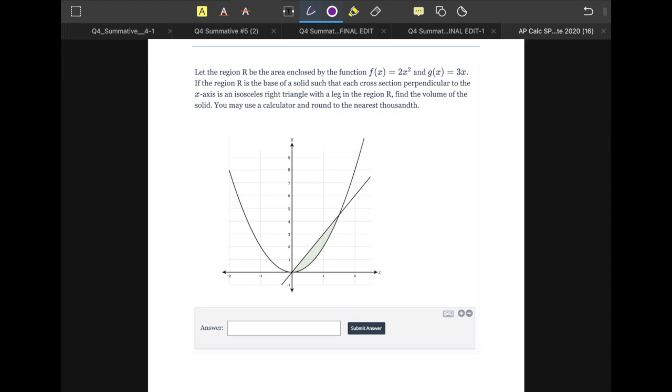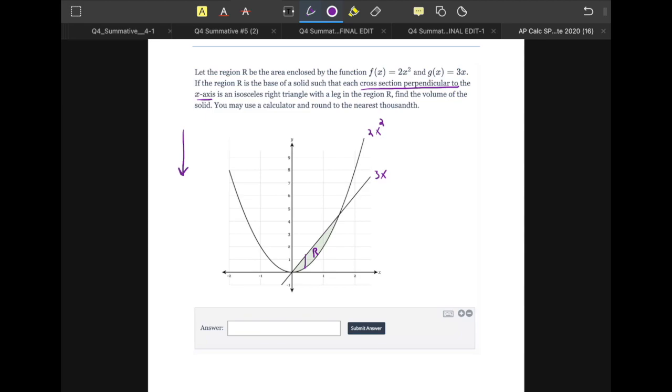Let the region R be the area enclosed by the function f of x is 2x squared and g of x equals 3x. Well, then this one's 3x, and this one's 2x squared because it's curved. That one's easy. If the region R, so that's this region here, is enclosed, and each cross-section perpendicular to the x-axis, so the cross-sections run north-south because it's perpendicular to the x-axis, is an isosceles right triangle.